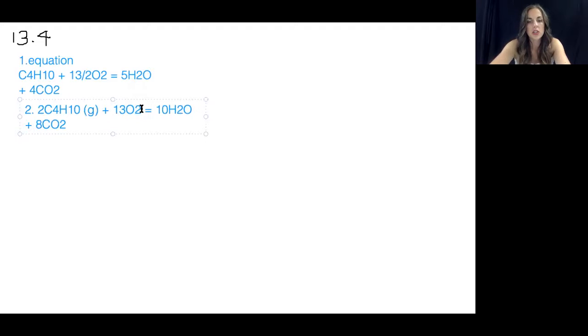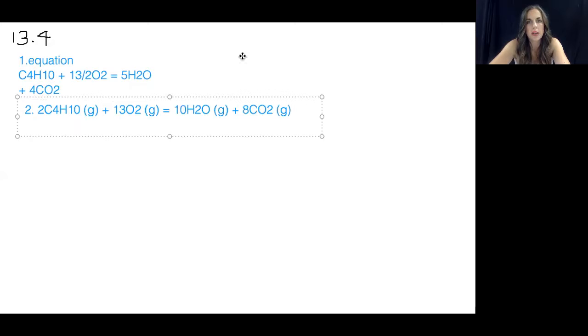We know that oxygen in its elemental form is gaseous. We know that water is gaseous, and we know that carbon dioxide is gaseous. So these are all gases. Now that we have balanced it and written our phases, we are ready to roll. So there's our balanced equation.